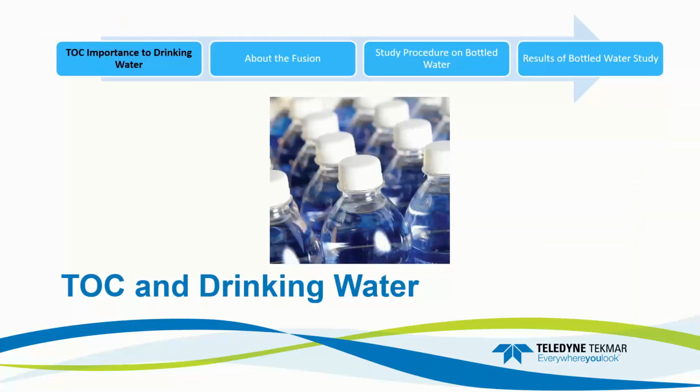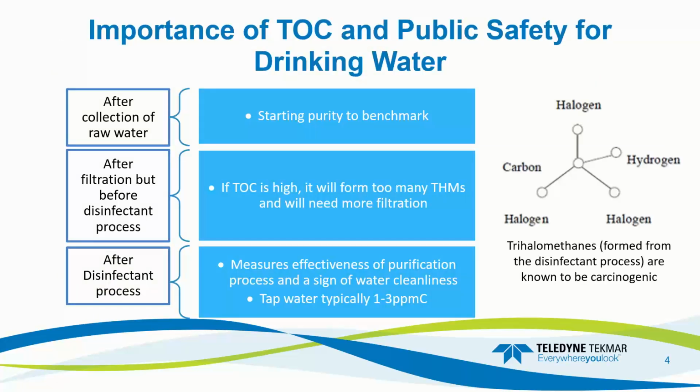So first topic, TOC importance to drinking water. So why is this important? Well, TOC is kind of classified as different types of organic matter or inorganic matter that could be in our water. So why do we need to test our water? Well, we need to benchmark our water.